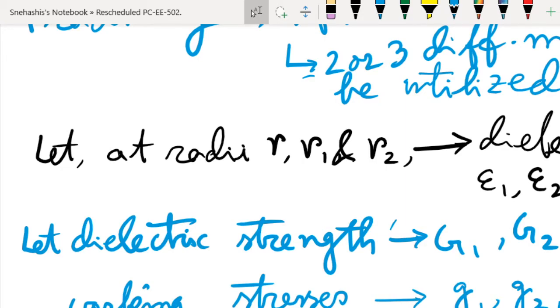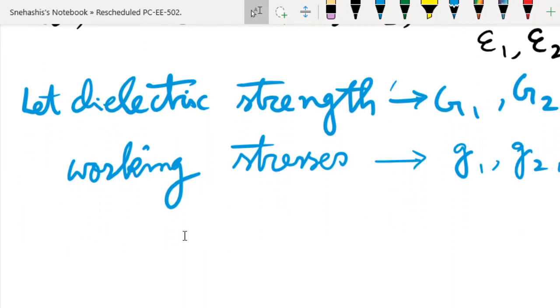Now what is our main goal? We can't keep any material anywhere. You have to have a special arrangement. There must be some criteria, otherwise the concept of grading will be meaningless. So suppose our objective is to obtain a uniform stress distribution.